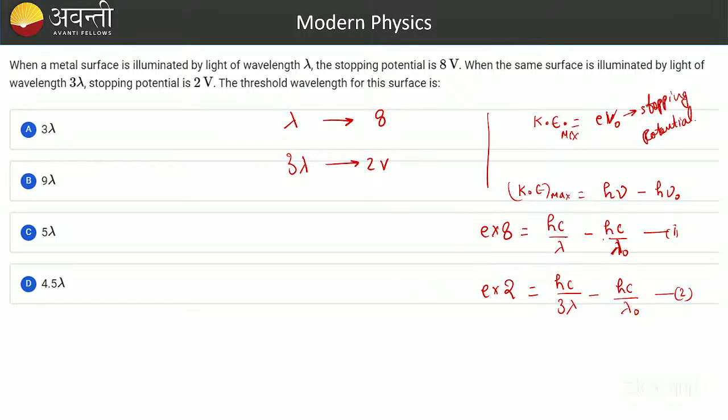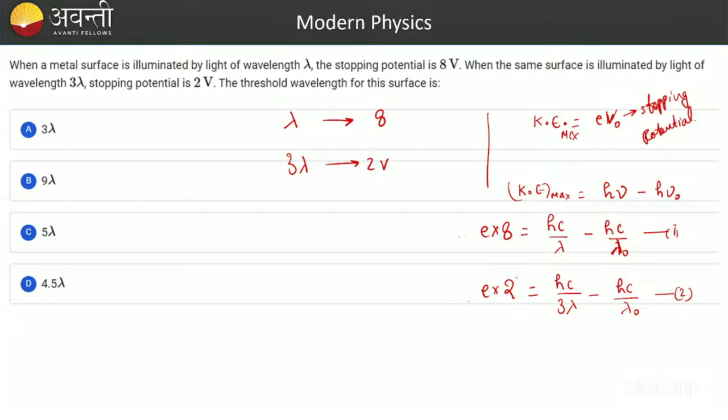If you subtract equation 2 from equation 1, it will become 6e equals hc by lambda minus hc by 3 lambda. We have to calculate the value of lambda naught, so we have to cancel out this lambda.